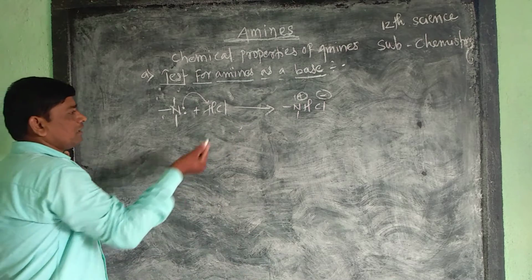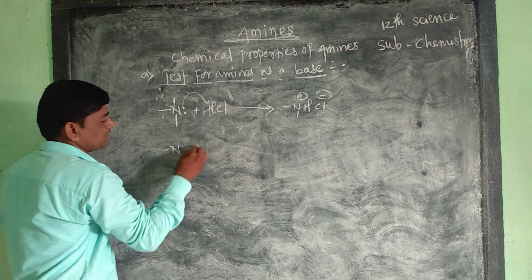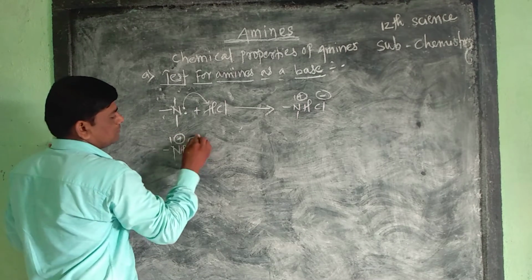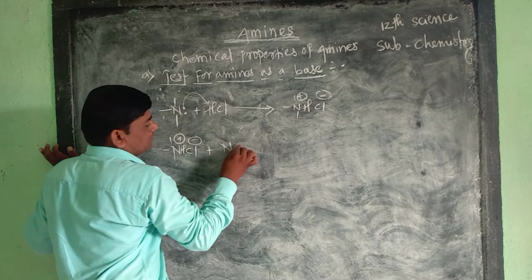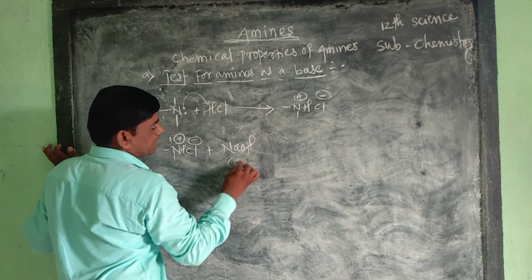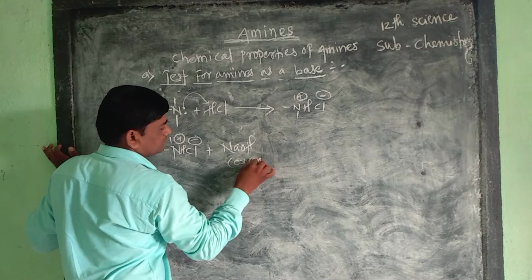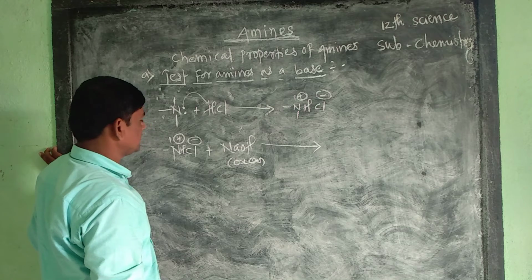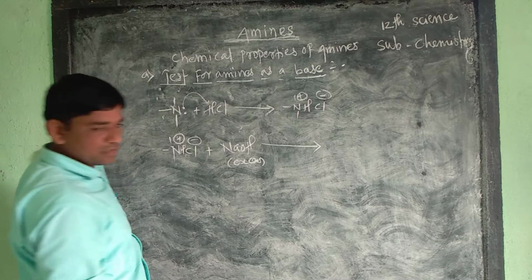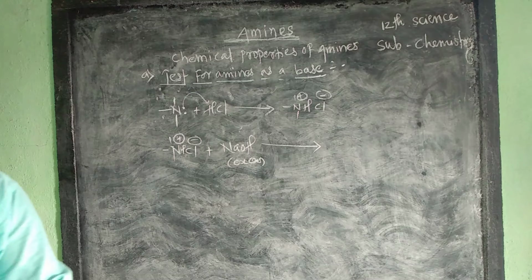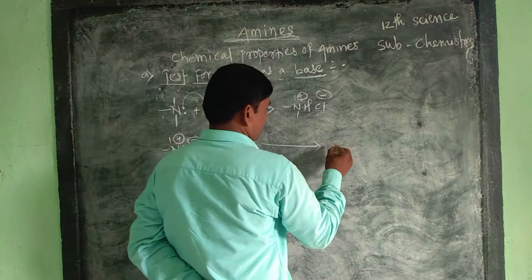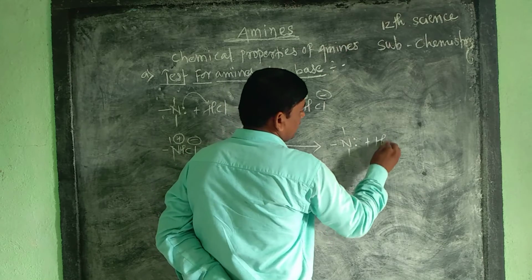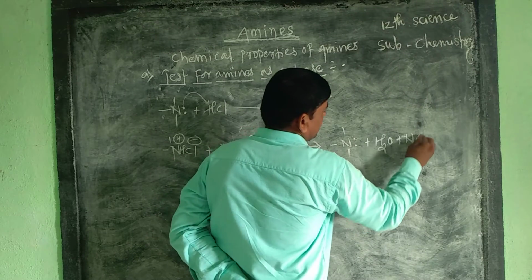Now again, this substituted product reacts with excess sodium hydroxide, and then it gives the product like this. The amine is converted back into the original, regenerated, along with the formation of H2O plus NaCl.